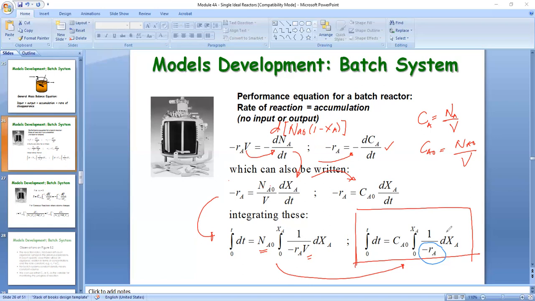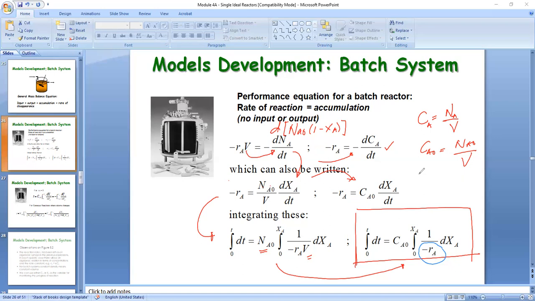Now, I will ask a question. What if you need to write down a performance equation for a batch system in concentration form? This one is in conversion. I want it written in concentration form. How would you write it? How would you write the performance equation in concentration form?